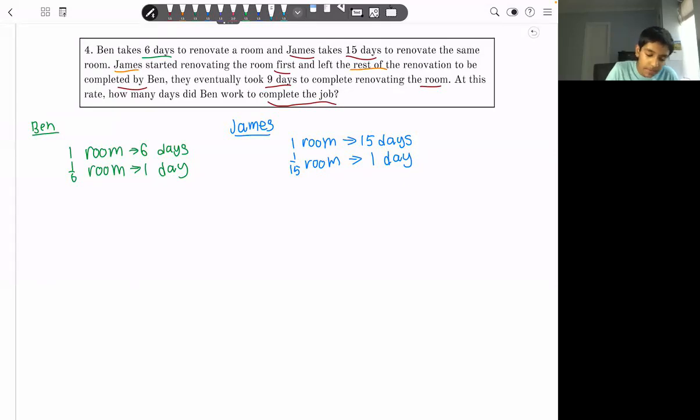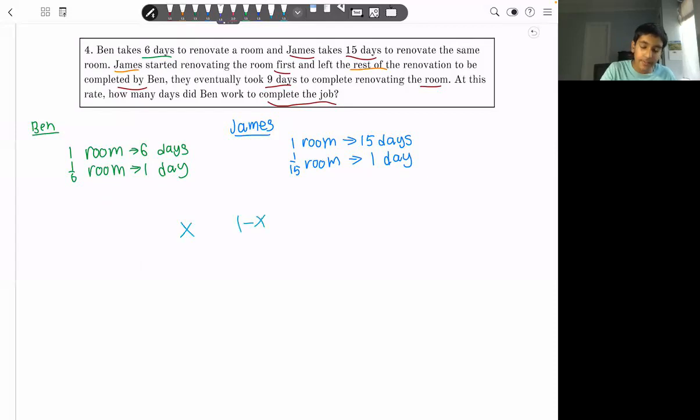So let's just say that James renovates X, a fraction of the room. X can be like 1/3, maybe 1/2, maybe 2/5, some fraction. We don't know what it is. So James is doing a fraction X of the whole room. That means that Ben will do 1 minus X of the room, because overall, together they have to complete one room.